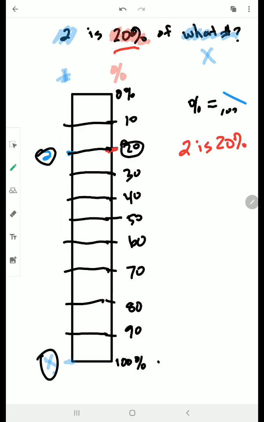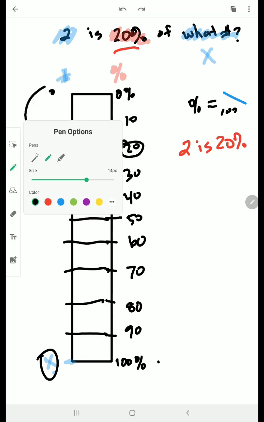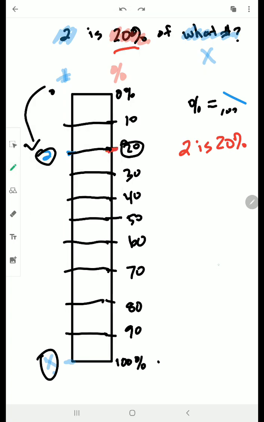Well, let's see. If I start at 0 here, I've got 1 piece, 2 pieces. So what am I counting by? It's actually a pretty simple problem. I've got the number 2, which is that one right there, and I've got 2 pieces, and 2 divided by 2 is 1.